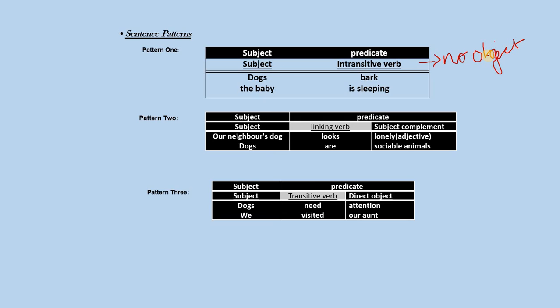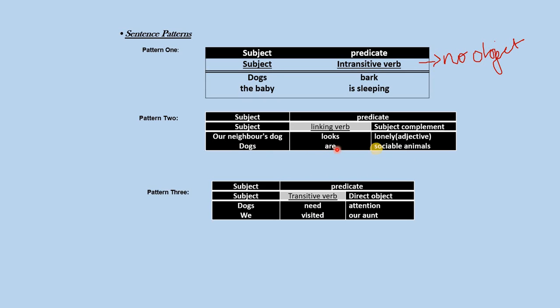Lonely is an adjective that completes the subject. We call it a subject complement. So we use a highlighter or the laser pointer. Lonely, it's an adjective.